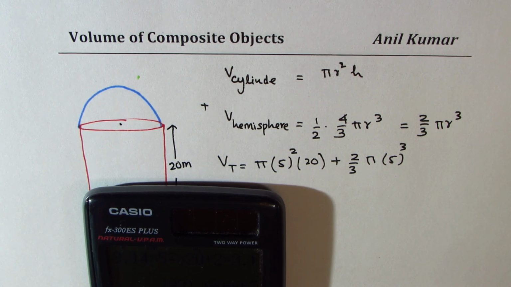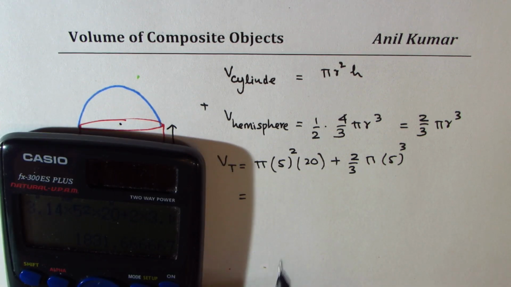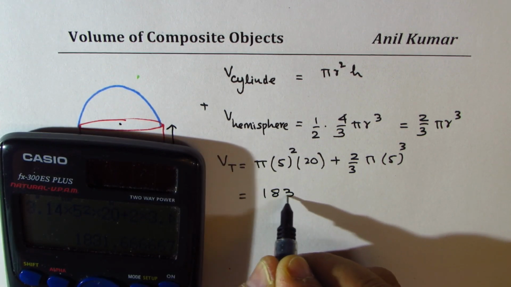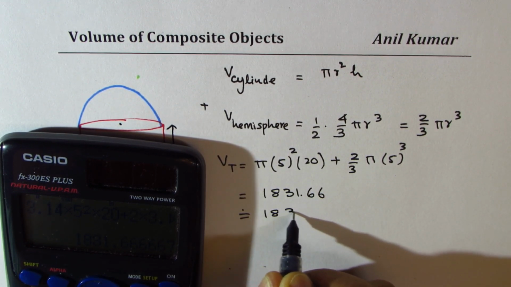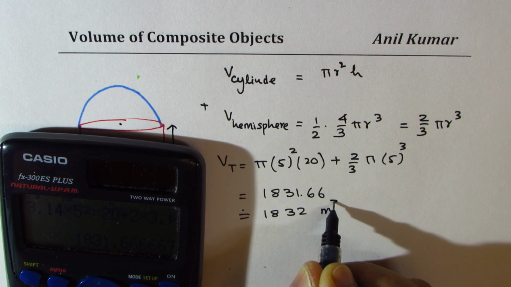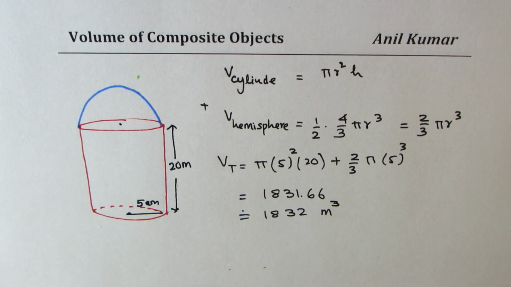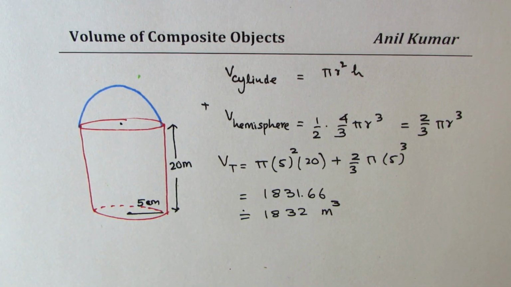In some computers, calculators, you may use brackets, right? So it is 1831.66. We can round this to 1832 meter cube. So that becomes a combination of cylinder with a hemisphere. Now this kind of structure is called a silo and is used for storing grains, right?